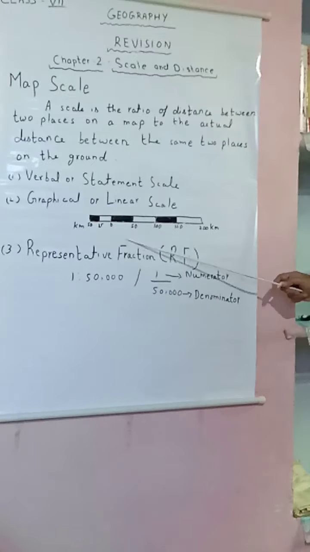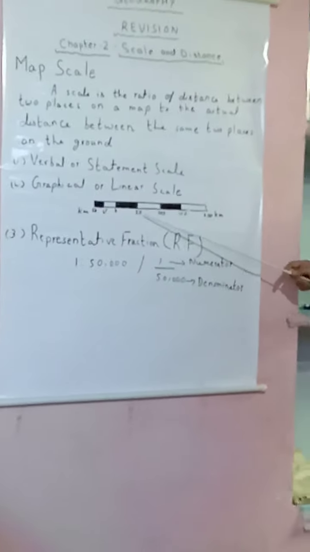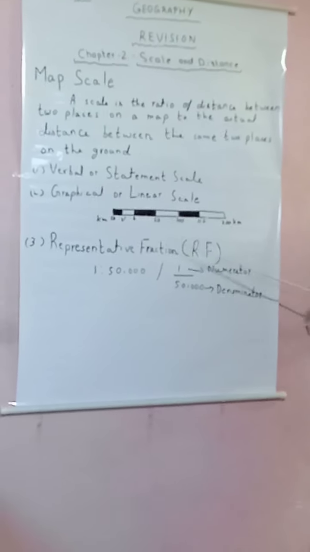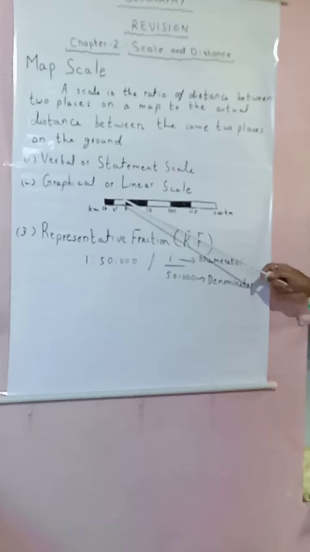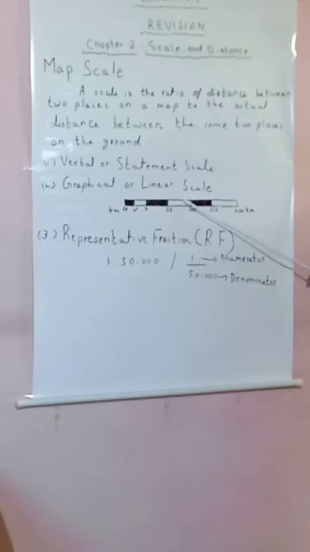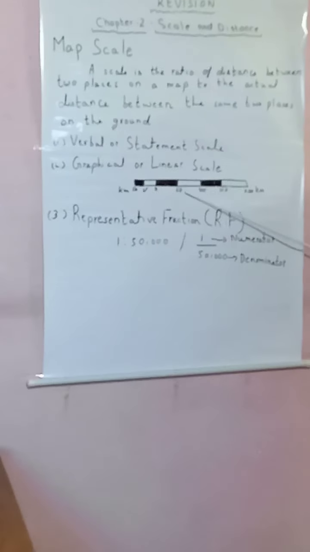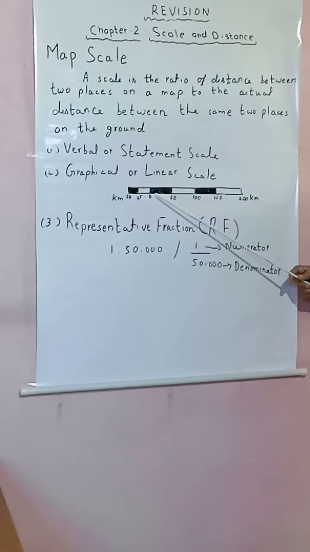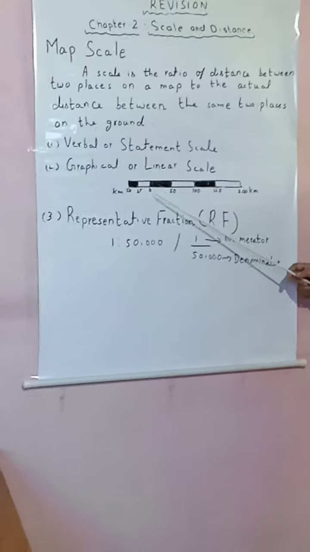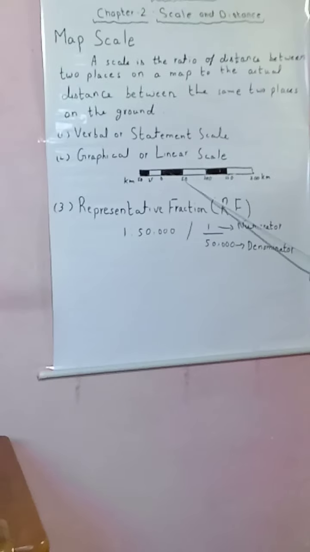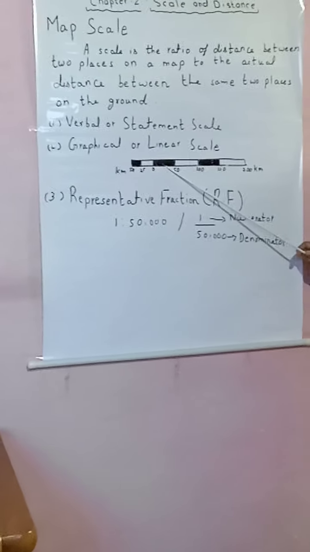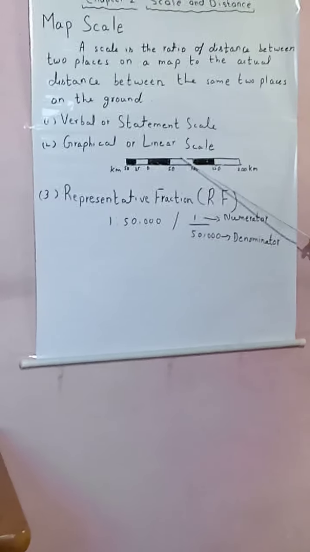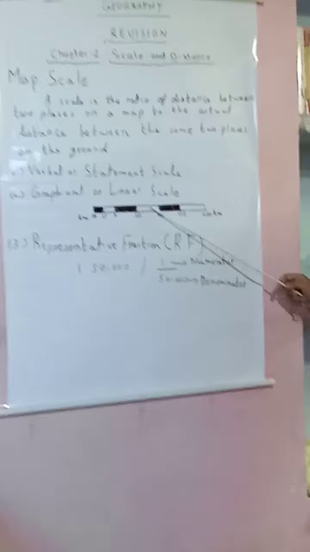You can see in this image the linear scale line is divided into 5 equal parts, 1, 2, 3, 4, 5 equal parts, 1 centimeter apart. Each of these parts represents a distance of 50 kilometers on the ground. 0 to 50 kilometers means 1 centimeter indicates 50 kilometers.